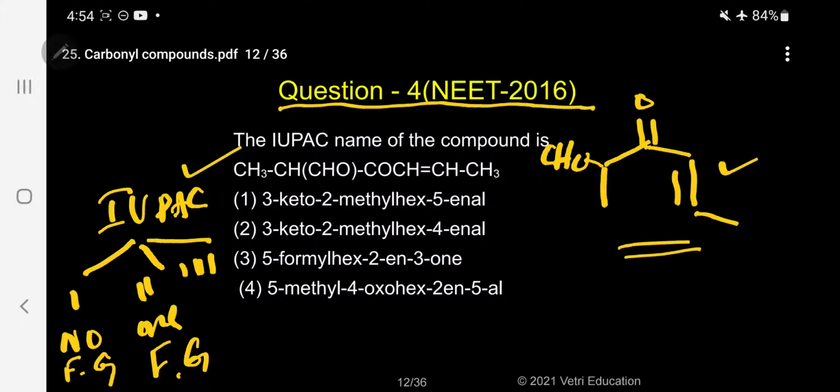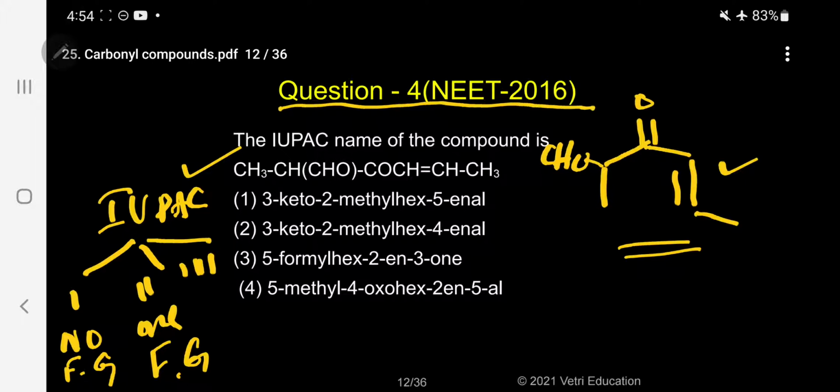For all other cases, for example alcohol, we use the prefix hydroxy and suffix OL. Ketone: prefix keto or oxo, suffix ONE. Carboxylic acid group: prefix carboxy, suffix OIC acid.